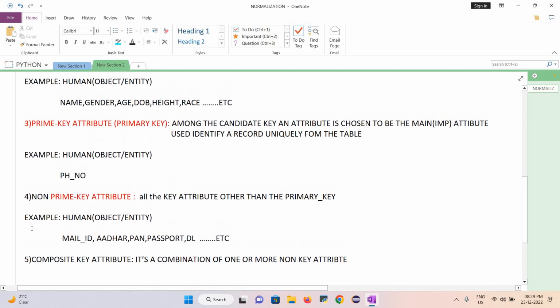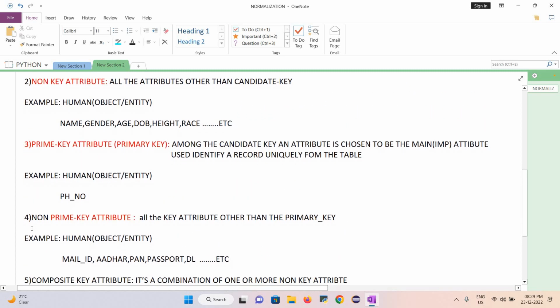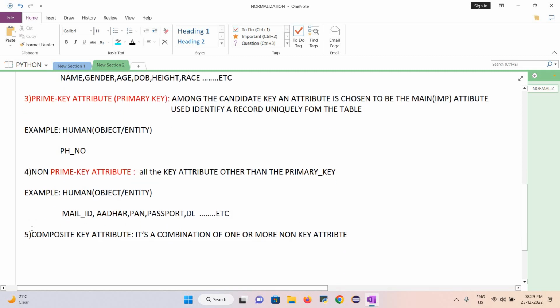A non-key attribute can accept duplicate and null values, so that is called non-key attributes. It's a combination of one or more non-key attributes.